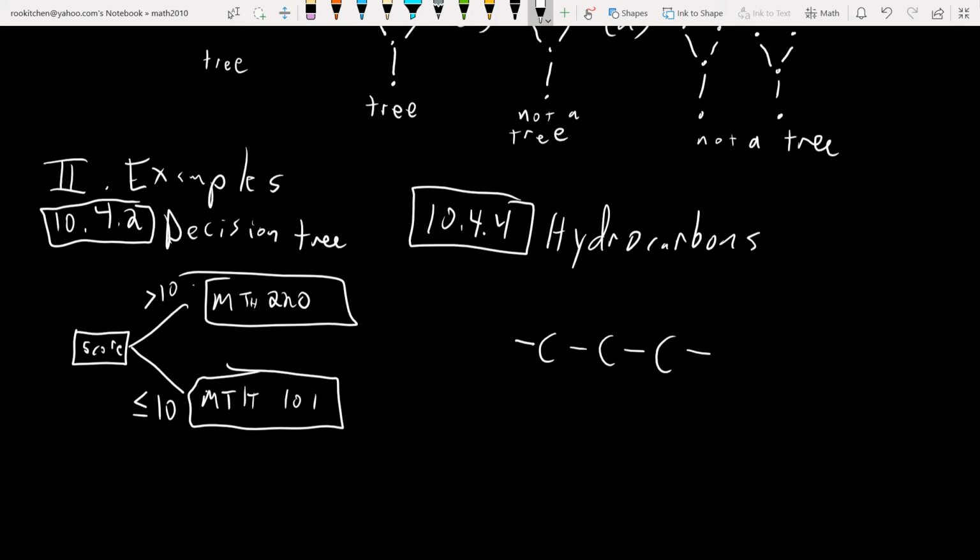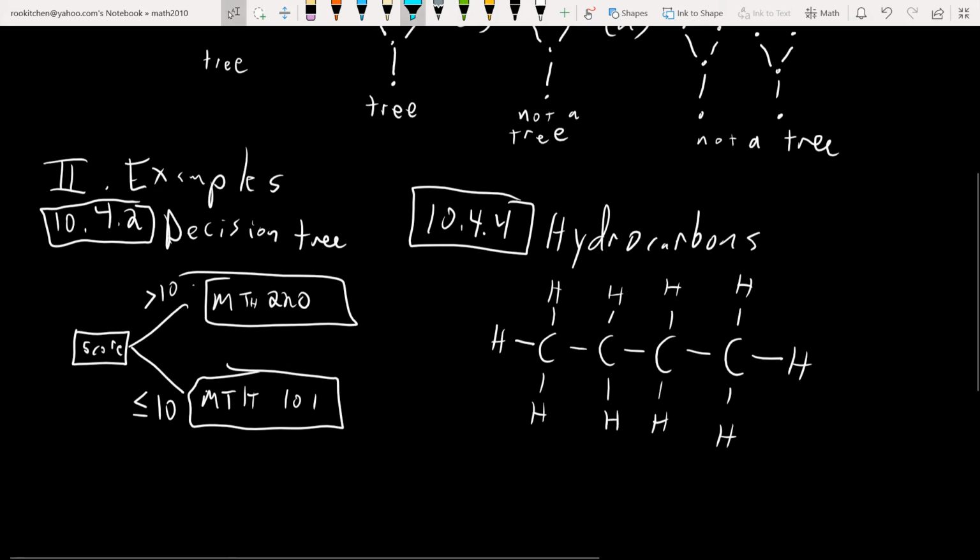So they don't actually have any circuits in them, just based off of the chemical bonds of these things. So hydrocarbons will be carbons and hydrogens, and the nature of these kind of forces them to be trees. Okay, so you study these diagrams with graph theory, and you can make some cool observations.